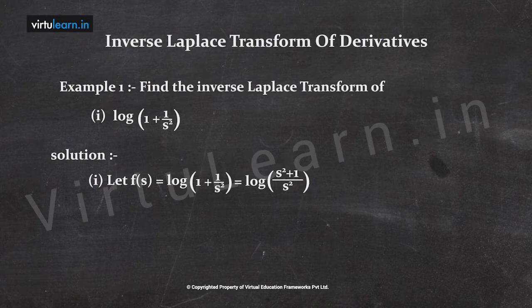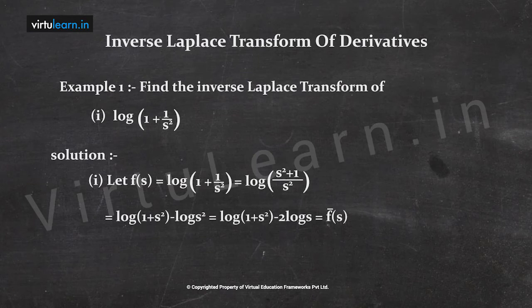This can be written as log of (s square plus 1) by s square by taking LCM, which is log(1 plus s square) minus log s square. Using the log a by b formula, we have log(1 plus s square) minus 2 log s. Now this is our f bar of s.